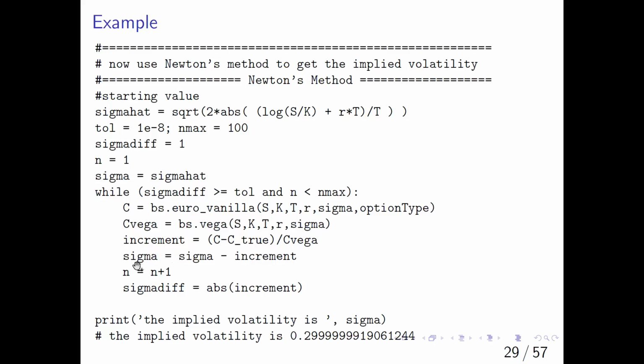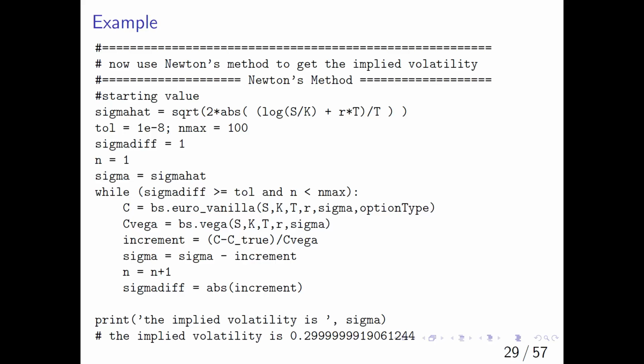So now we update the current guess by this expression. Then the iteration number is increased by 1. Then we calculate the sigma diff. Essentially, sigma diff here is just the magnitude of the adjustment from the current step. If this adjustment is smaller than the given tolerance, then we just stop.